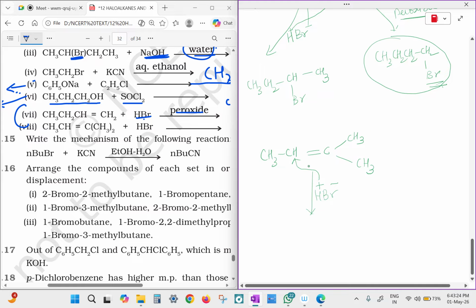Left. The positive part of the addendum goes to that doubly bonded carbon which has more hydrogens, and the negative part goes to that carbon which has less hydrogen. So it will be CH3CH2C(CH3)2Br. Okay, that will be the product. Clear?